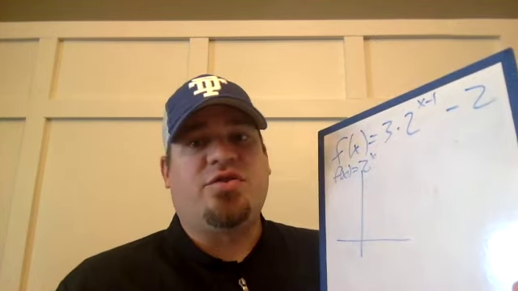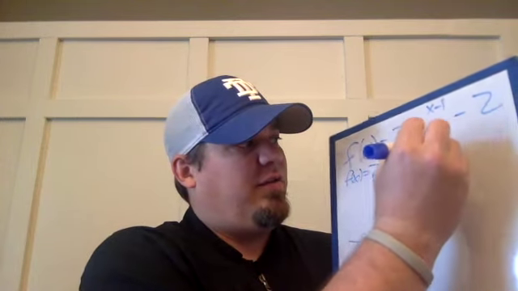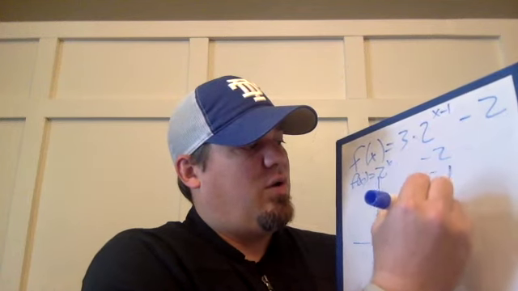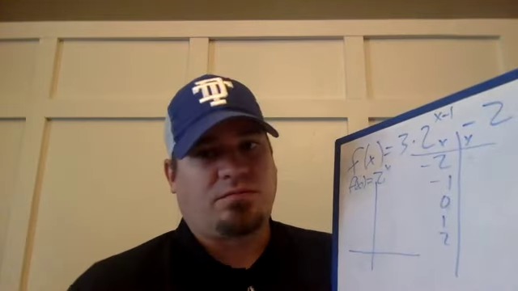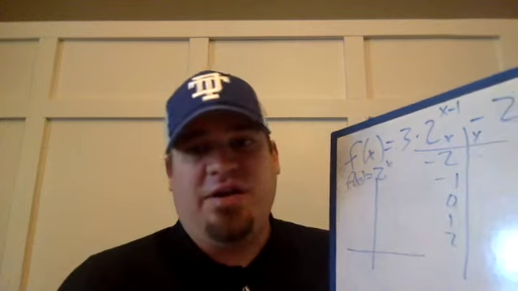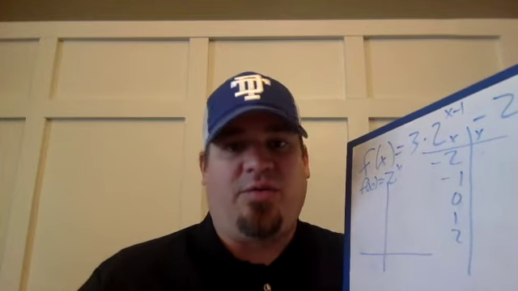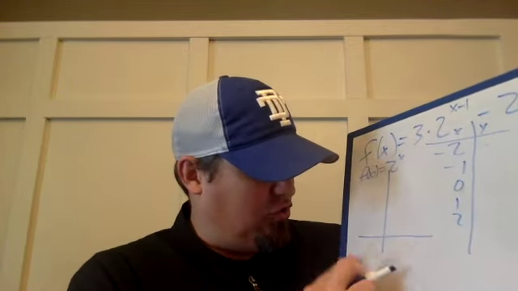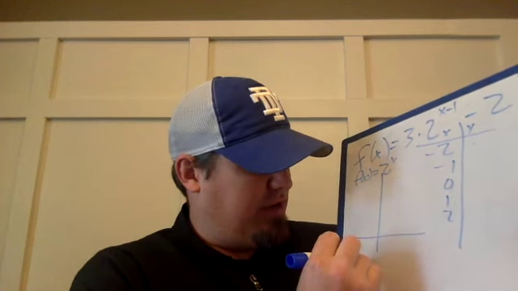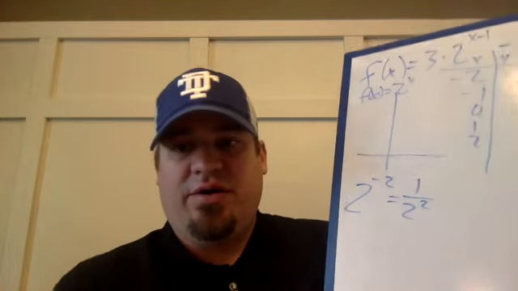Okay, so f of x equals 2 raised to the x power. Let's just do a quick graph here, a quick table. Let's do -2, -1, 0, 1, and 2 for my x's and my y's. If I plug in 2 to the -2 power, and this is something we would have talked about in class but didn't have time for: anytime I have a negative exponent, that just means it's going to be a fraction, because 2 to the -2 power is the same as 1 divided by 2 squared.